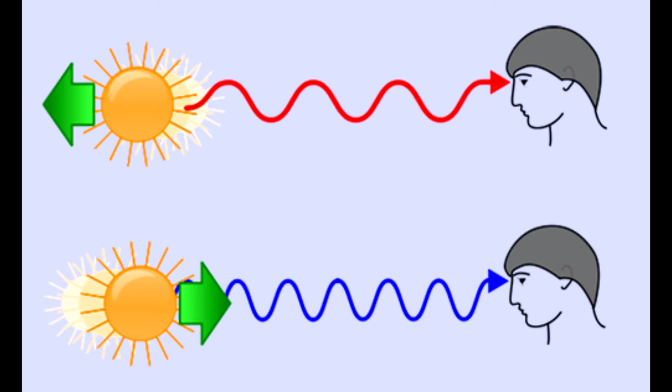So in this illustration, we're talking about another kind of redshift called Doppler redshift. It was explained by a man by the name of Doppler. And the fellow on the upper side, in that illustration, the object is moving away. The source of light is moving away from him. And what that means is that the light will be stretched out towards the red.